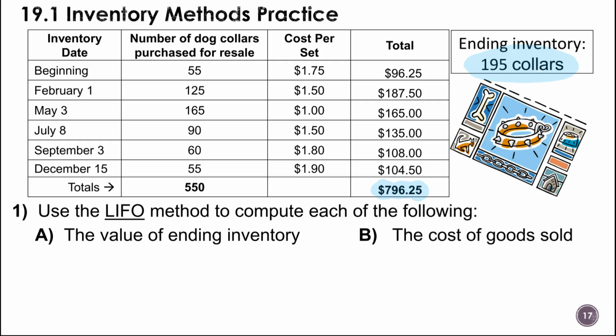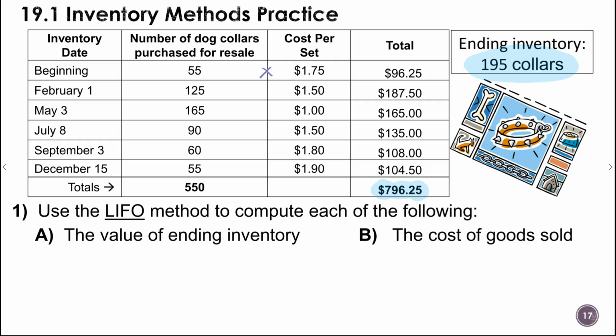So the value of ending inventory for last in, first out, remember we're going to go back to the beginning of the chart, and we're going to come up with 195 dog collars. So we're going to definitely use this category, right?